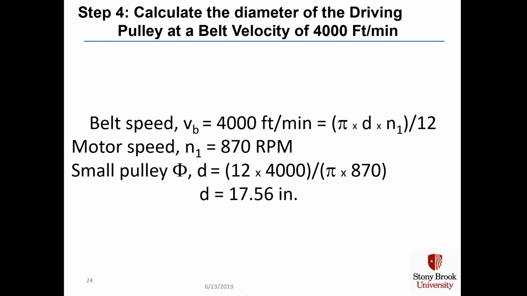The belt speed VB is equal to pi times small d times n1 over 12, and the motor speed n1 is 870 RPM. Multiplying out, the small pulley will have a diameter of approximately 17.56 inches, but we will have to find a commercially available pulley close to that diameter.